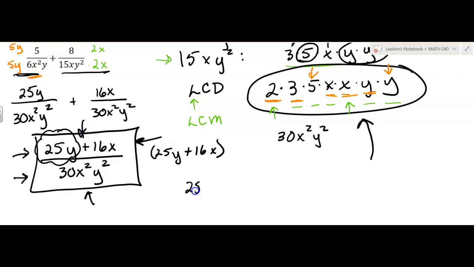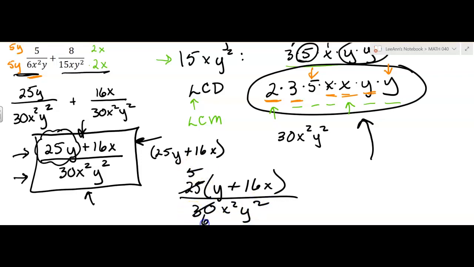If I had 25 times y plus 16x, if I had something like this, then I could cancel 5 and 6 there, like that. But I don't have that. The addition in the numerator is what prevents me from simplifying that problem more. So again, what I have the box around, that's the answer.